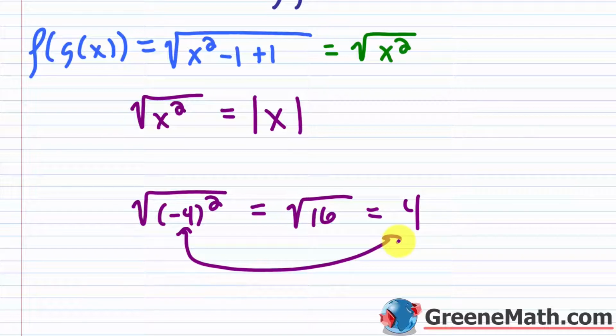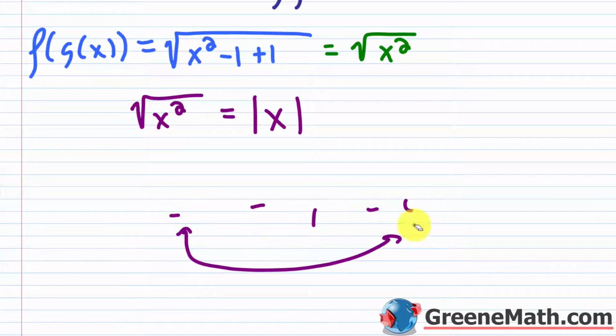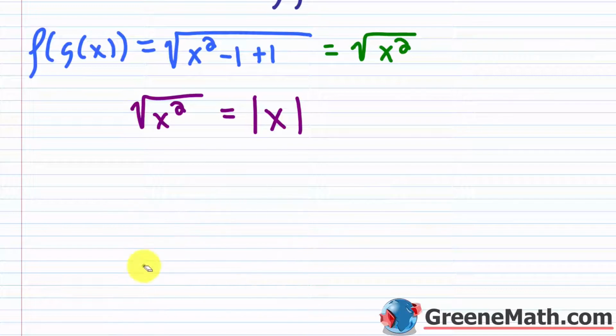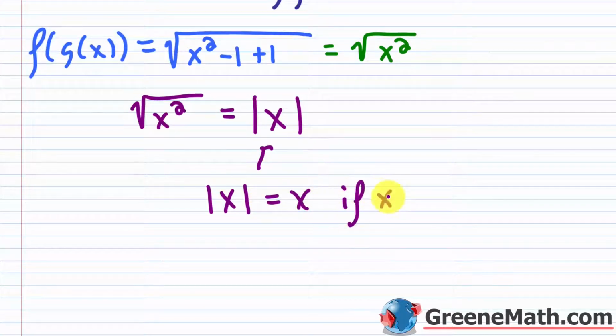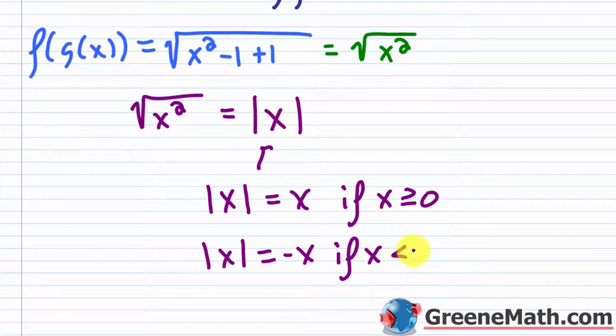It would only be true that if x was greater than or equal to 0, the square root of x squared would be equal to x. Because the absolute value of x is equal to x if x is greater than or equal to 0, and the absolute value of x is equal to the negative of x if x is less than 0.